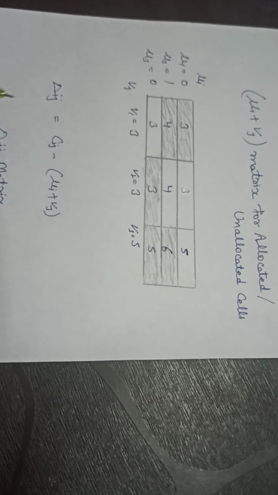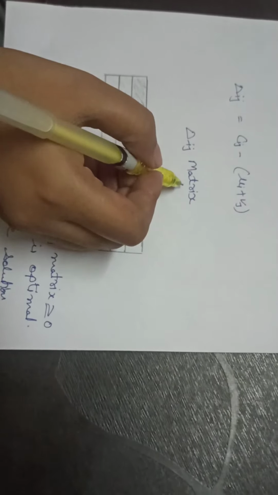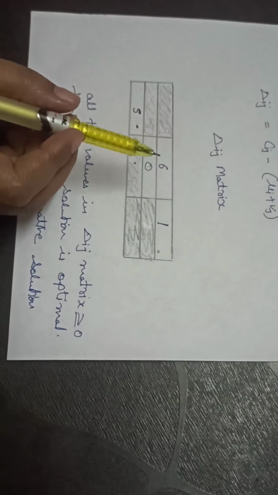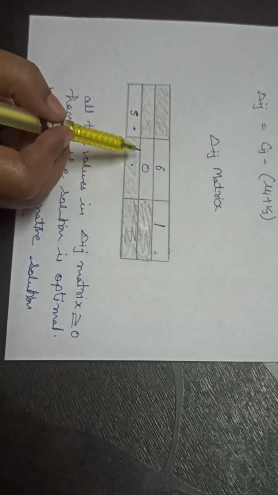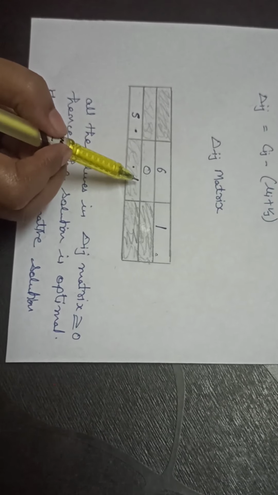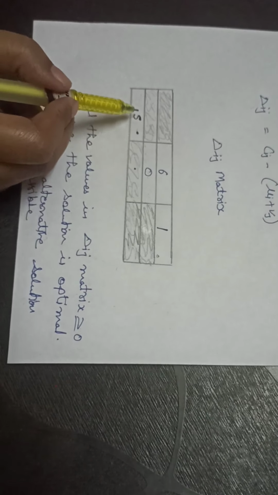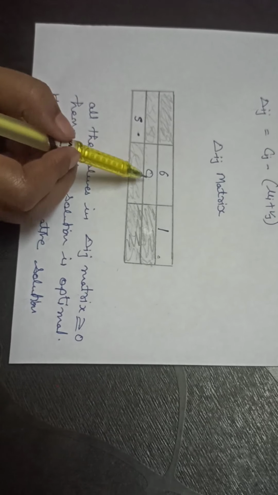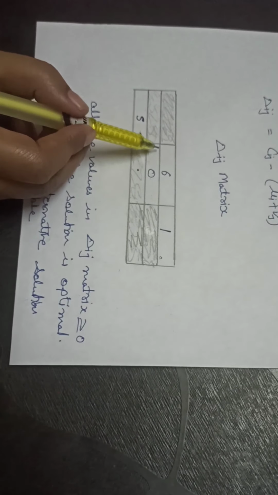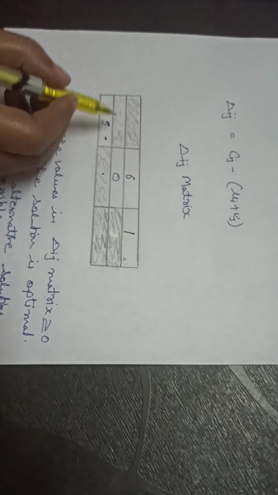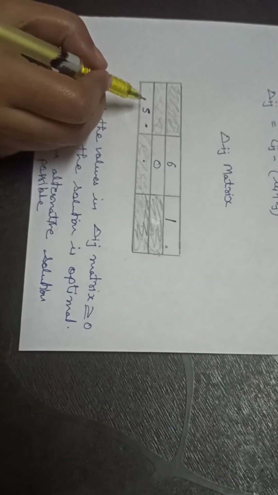Now we will calculate our next matrix. We will calculate this matrix from the original matrix and the Ui plus Vj matrix. In this matrix, we will calculate only values in unallocated cells. To calculate them, we also have to check the original problem.